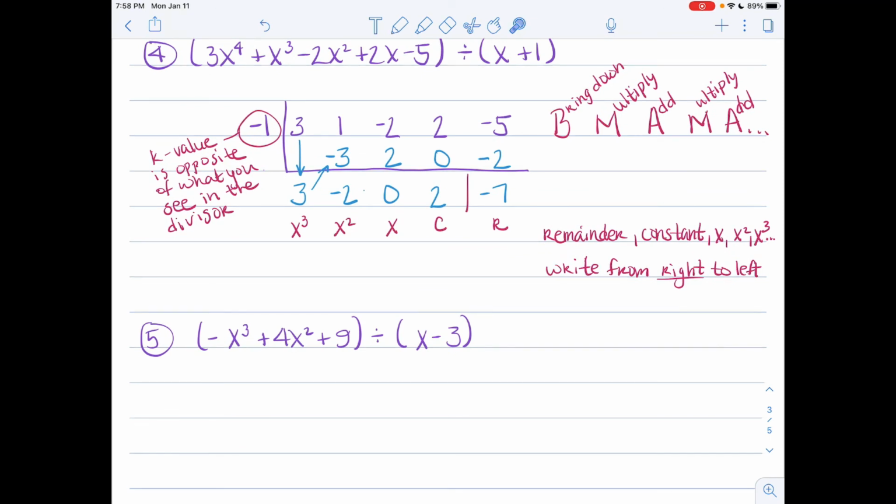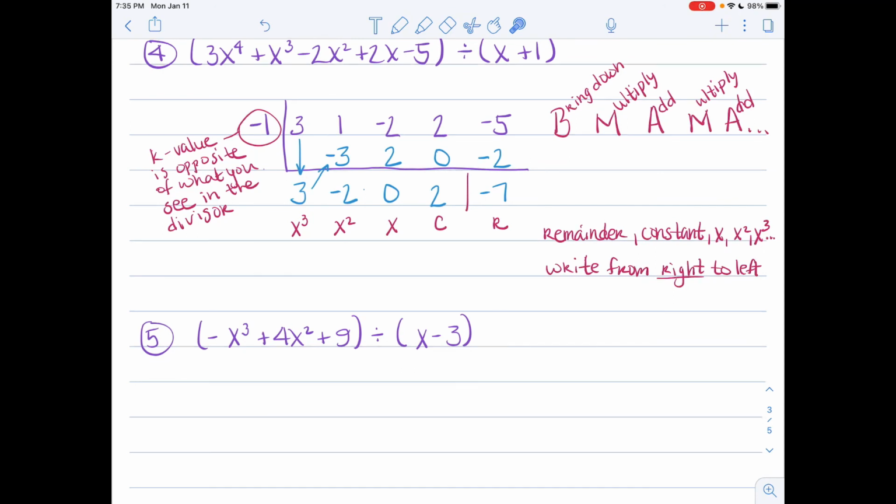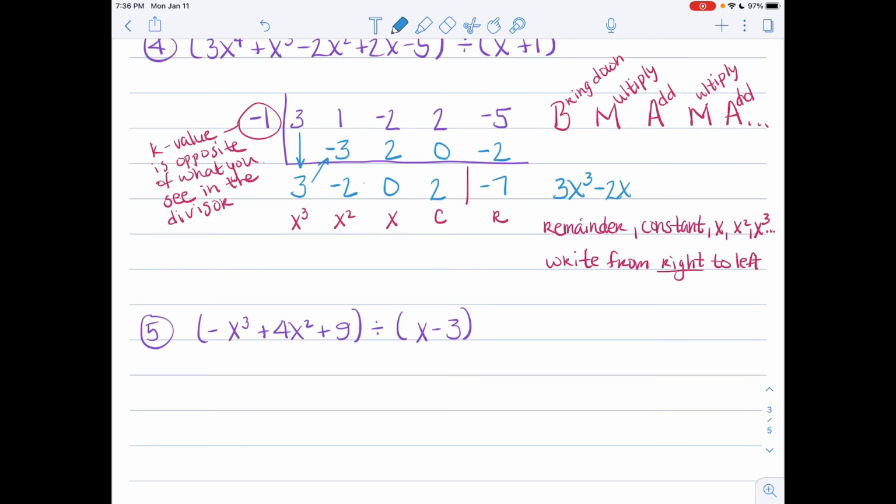Let's put our variables back together with our coefficients now. We have 3, x to the third. That's going to be the first piece of my quotient. So 3x to the third. Next will be negative 2x squared. So minus 2x squared.